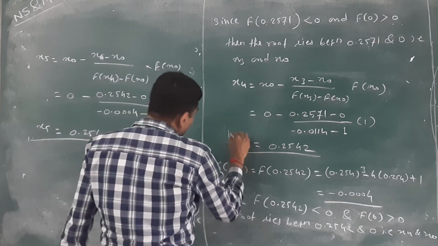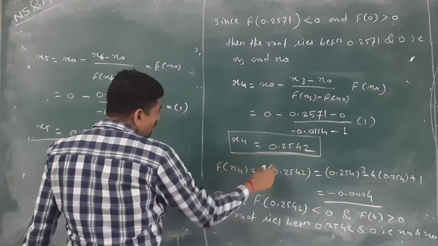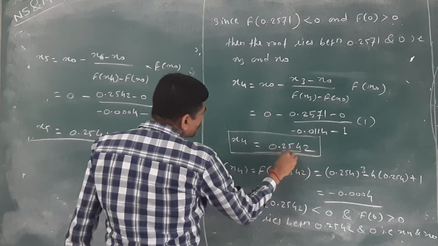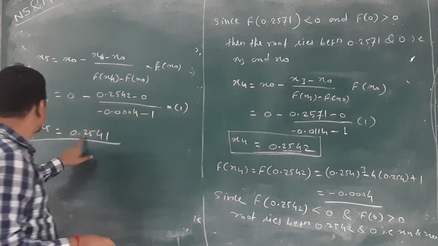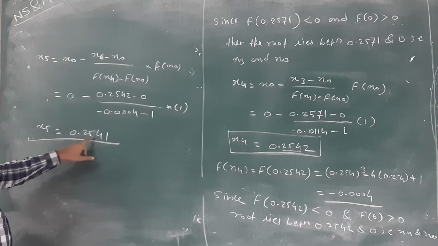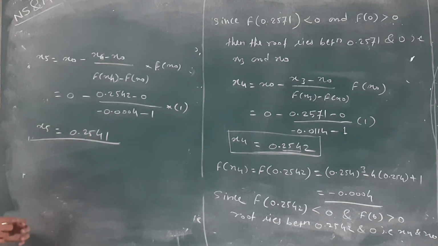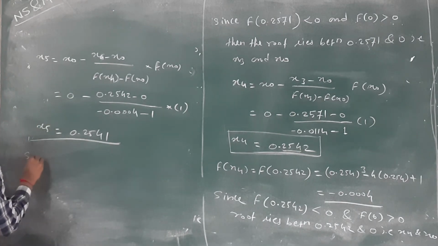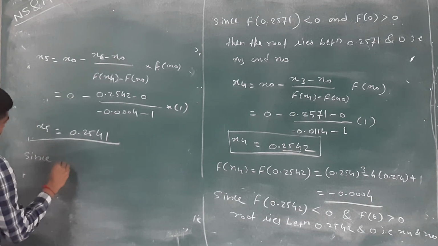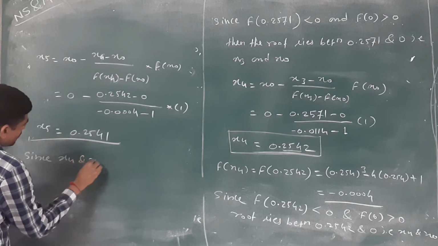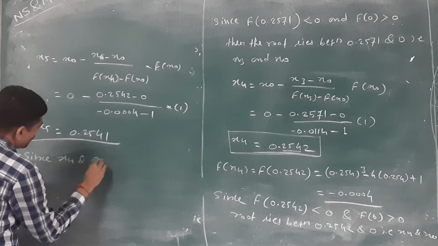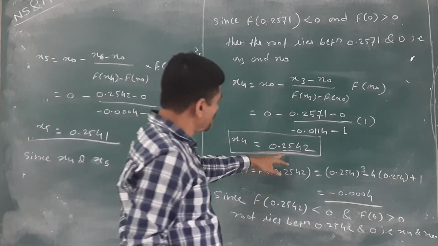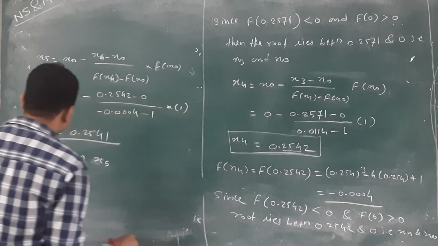We want to calculate up to 3 decimal places. After the decimal point we require 3 digits: 2, 5, 4. And again here x5 is equal to 0.254. Both are the same.